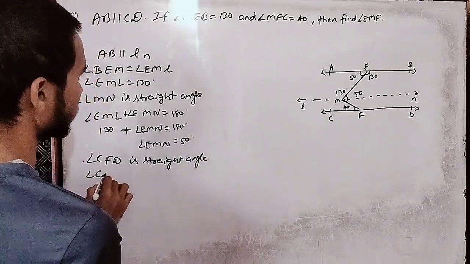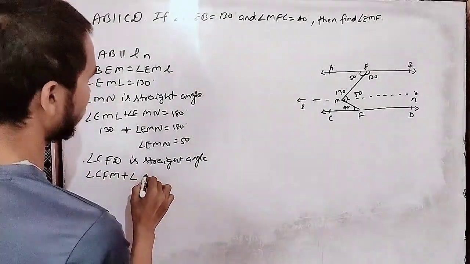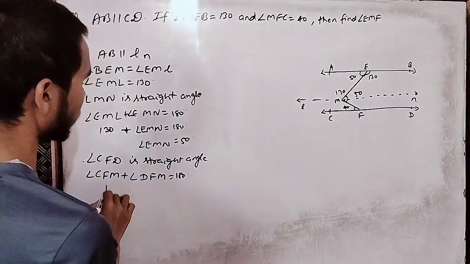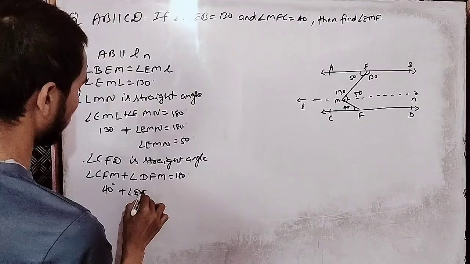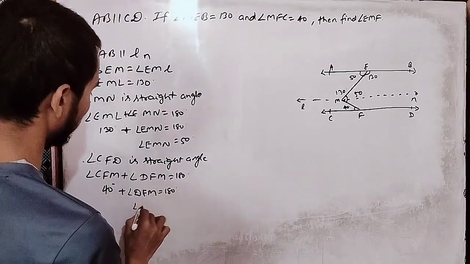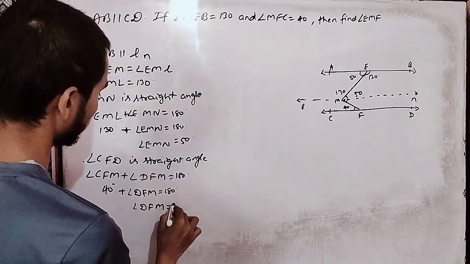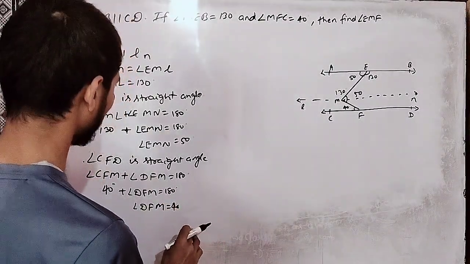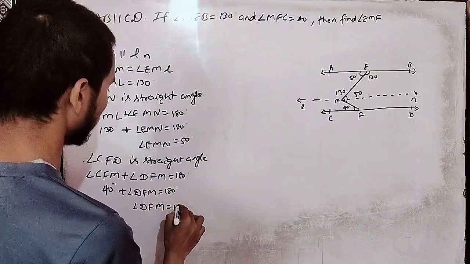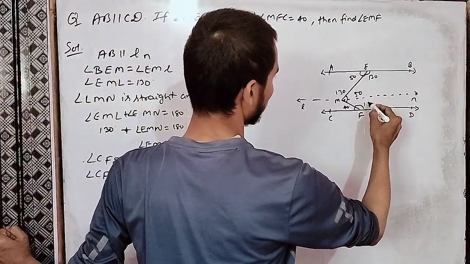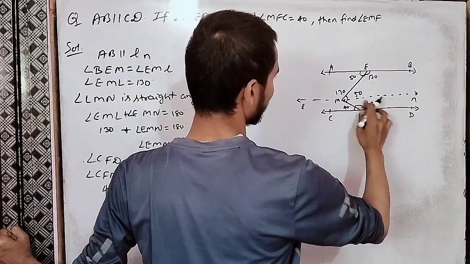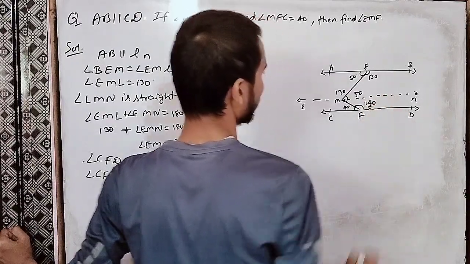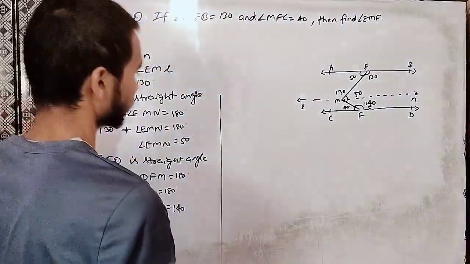So can we write angle CFM plus angle DFM would be 180 degrees. This is 45. Angle DFM is how much? Not 40, it is 140 degrees. This is 140 degrees. Next.